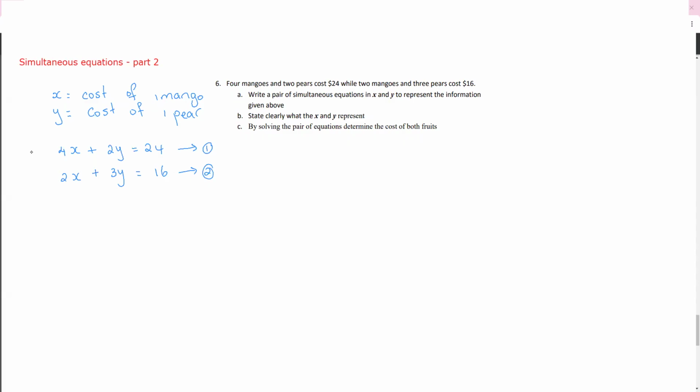Now your goal is to make one of those pairs 0. So the only way to make them 0 is if we make them the same, and then we can add or subtract them to make them 0.